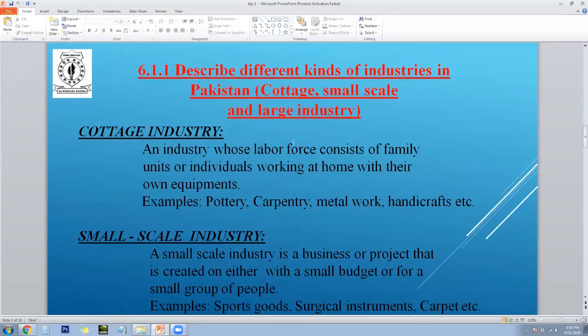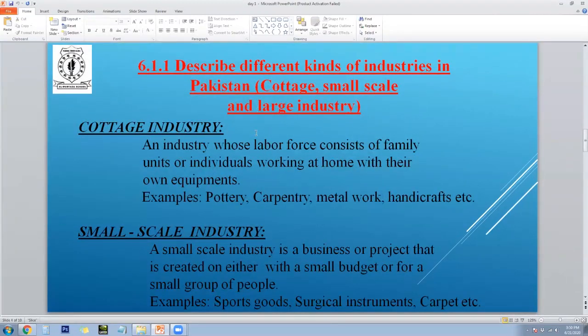Now, what did you find here? What are the important aspects of a cottage industry? Yes, come on. The labor force consists of family units, which means it comprises persons of the same family, so they do not need to hire a person from outside.